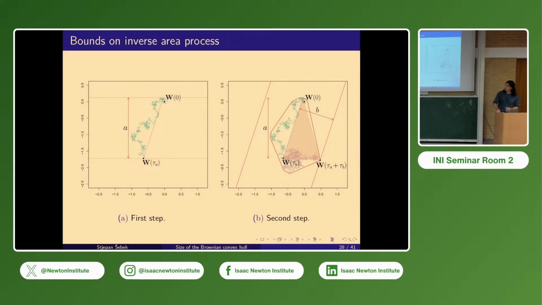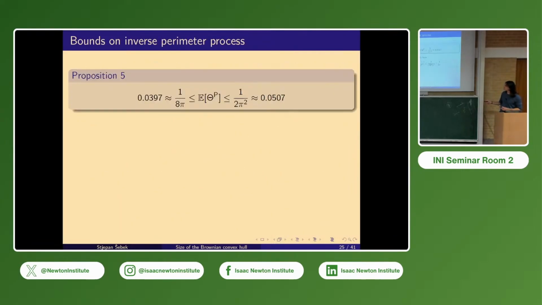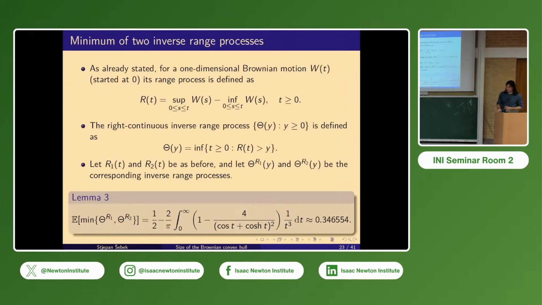But another way to be sure that you have a segment of length at least 1 inside your hull is to wait until one of your two independent ranges hits value 1. Sorry, maybe I said something wrong: one of two ranges, not coordinates, but ranges related to coordinates.